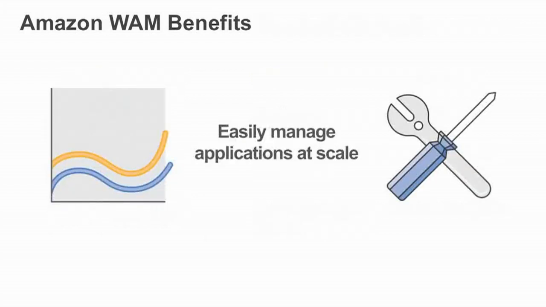Amazon WAM allows customers to deploy applications at scale. So this means customers, and especially IT admins, can deploy desktop apps to their users in a secure way. All the apps are encrypted and delivered in secure containers.